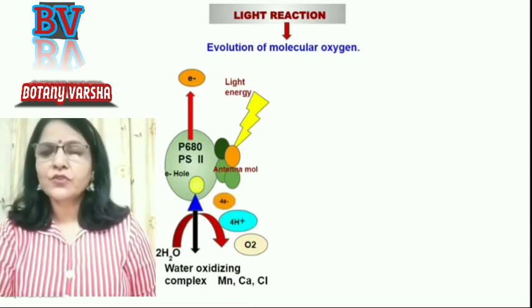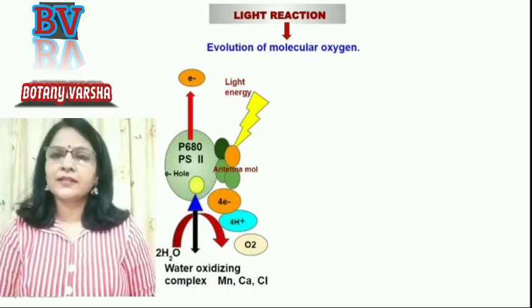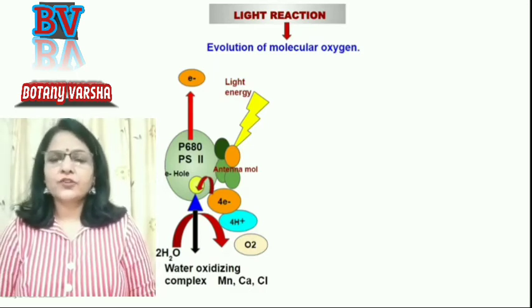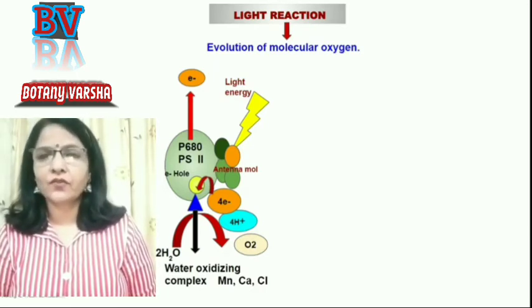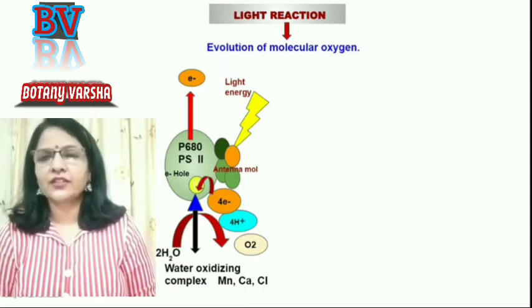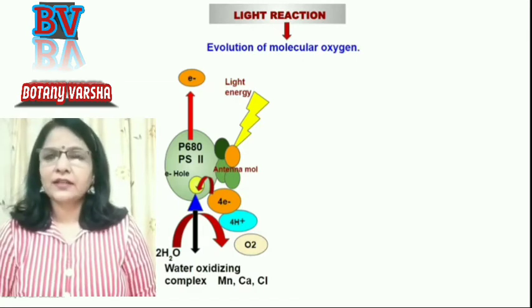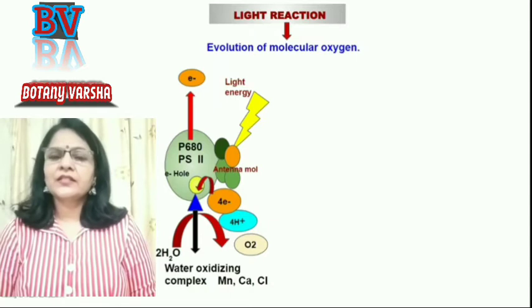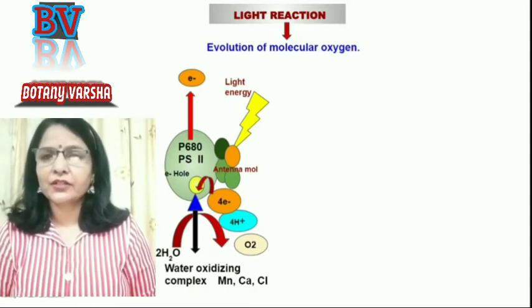These electrons are taken by Z. Z is the electron donor which takes electrons from the photooxidation of water and transfers them to the reaction center, P680, which is the reaction center of PS2.